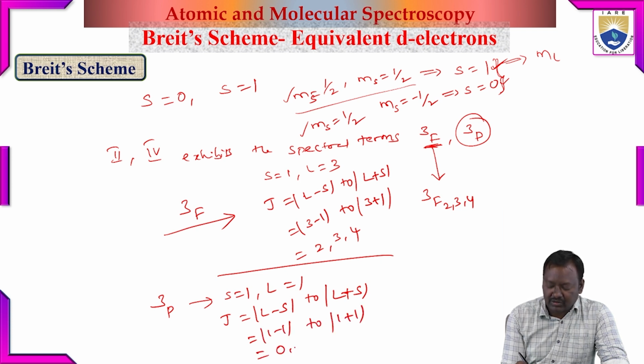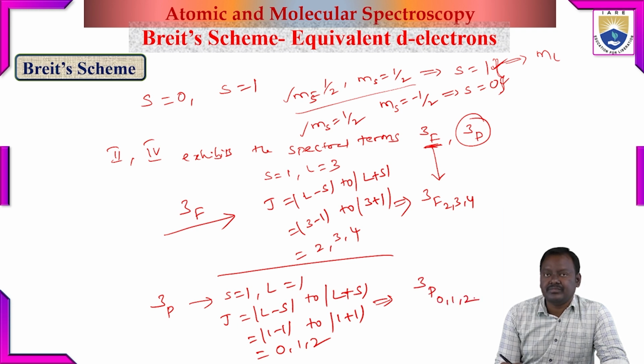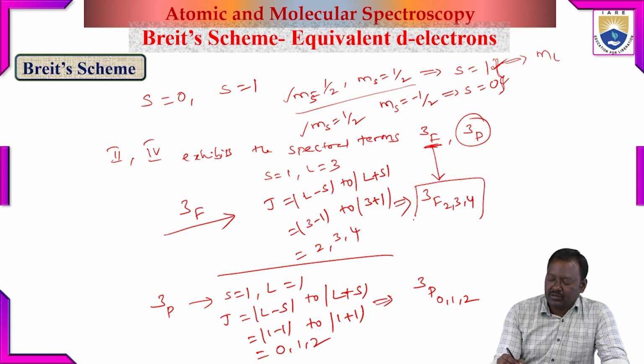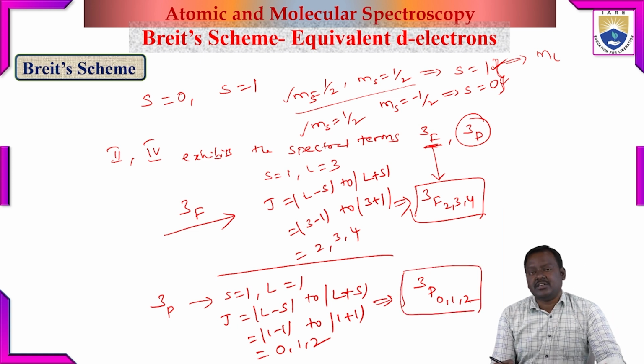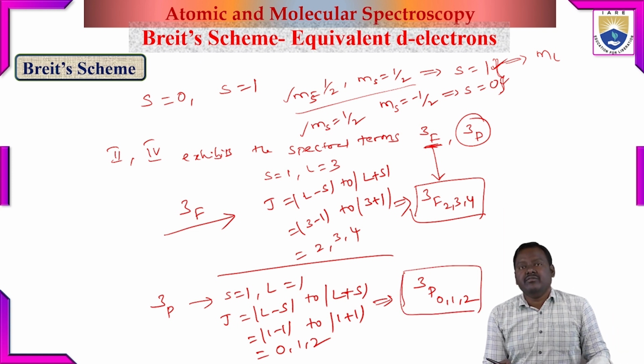That means 0, 1, 2. So the fine spectral terms are 3P, 0, 1, 2. So this is the one set of spectral terms when S equal to 1.